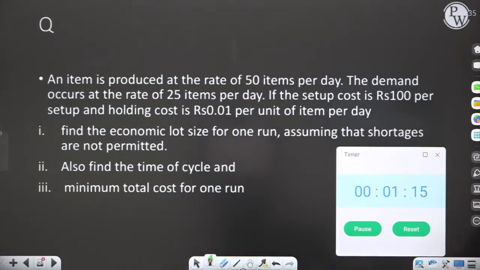Yes, 100 is the right answer. Sorry, 1000 is the right answer. Roshan Kumar.